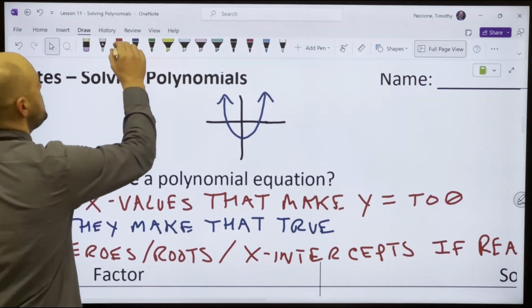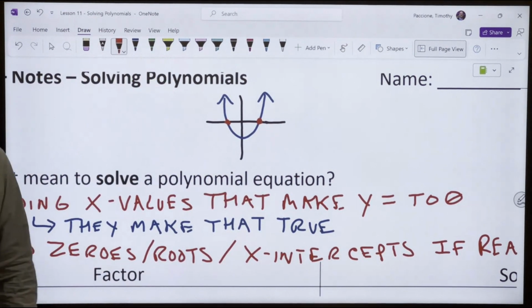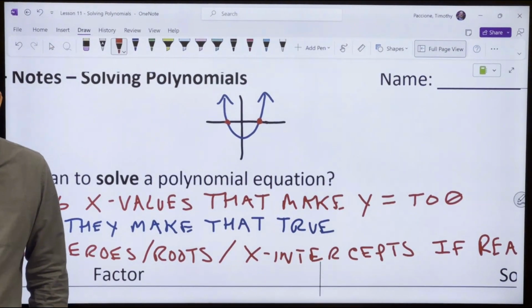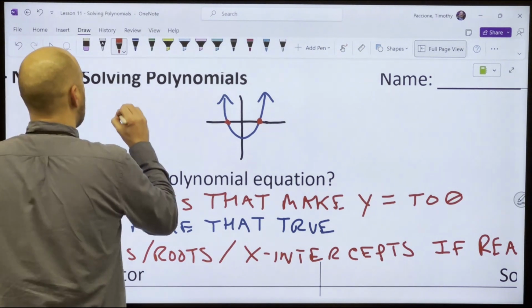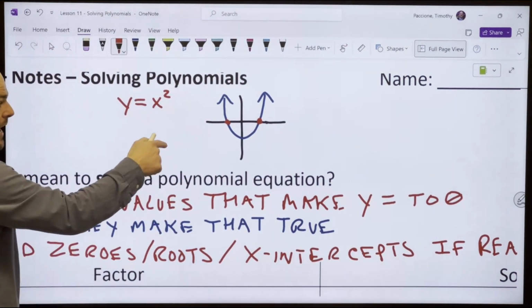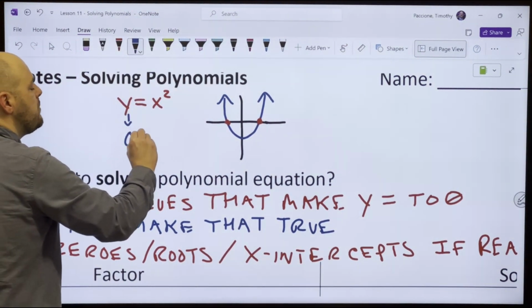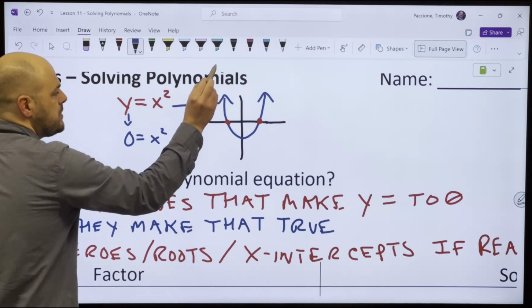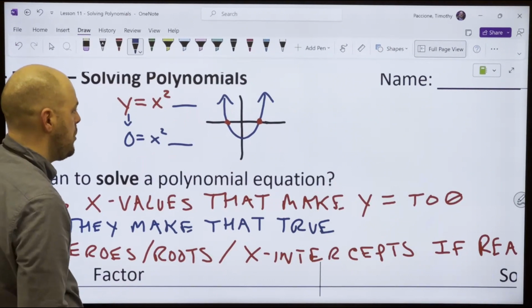And you know that because there's two x-intercepts. There's 2 times where x has a value and y is 0, right? So remember, we had y equals x squared to get that, and then we turn y into 0, and we find the x that makes that true, right? We find those values, okay?